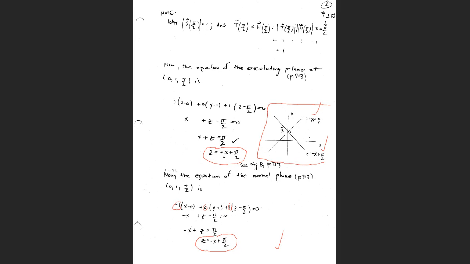May I move to the next page? All right, people are good. So what's left now is to find the curvature. I have a formula, and don't worry about the page number.